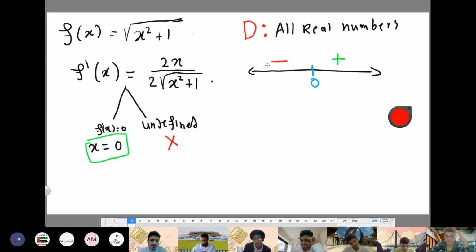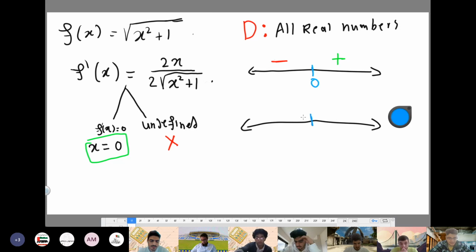As we've learned before, when the derivative of a function is positive, the original function is increasing, and when negative, decreasing. So from the left side it's decreasing, and from the right side it's increasing.